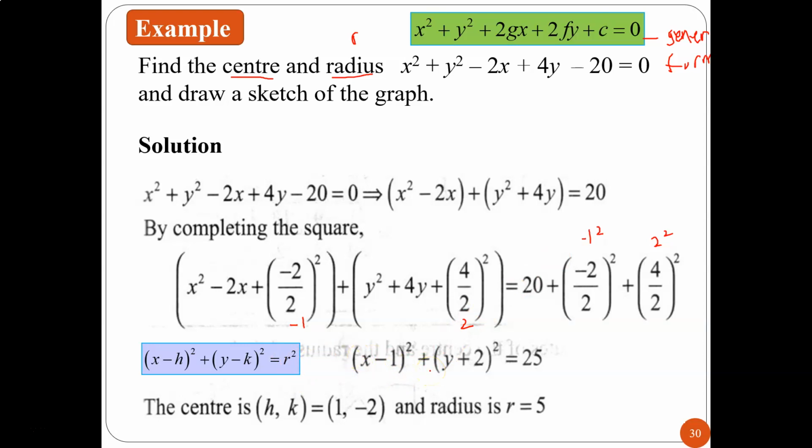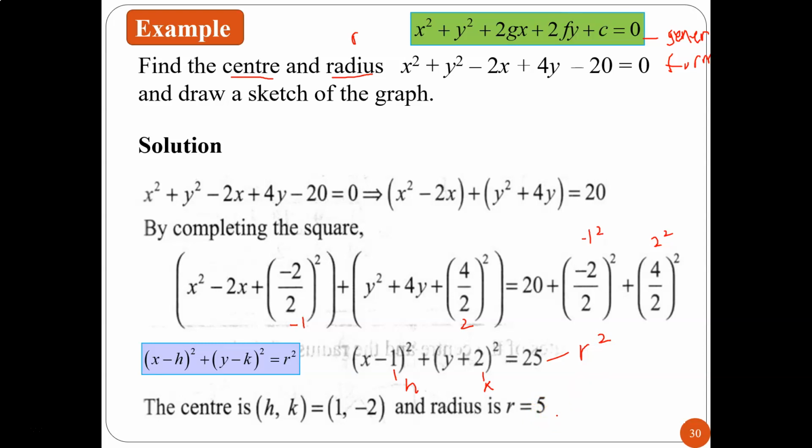So, you dah tahu dah kalau tengok dia dalam standard form, x minus h plus y minus k. So, what is your h? What is your k? So, this is your h equal to 1 and your k is equal to negative 2. This is your h and this is your k. And this is your r squared. So, your r becomes 5.